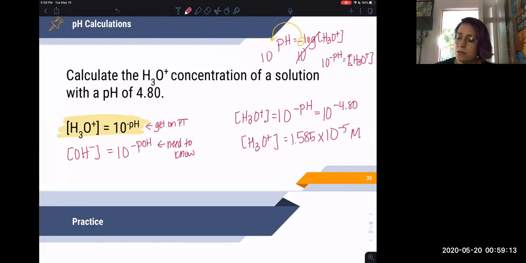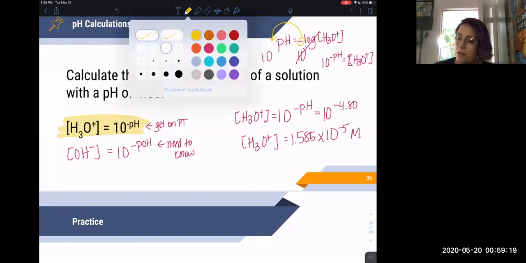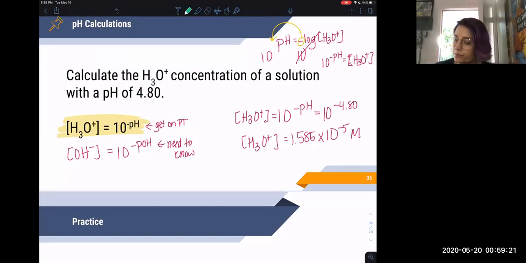Give me sig figs. Use your new sig fig rule. I just put it in my calculator. So by using my iPhone, I did 4.8, made it negative, and then pressed the 10 to the X button.